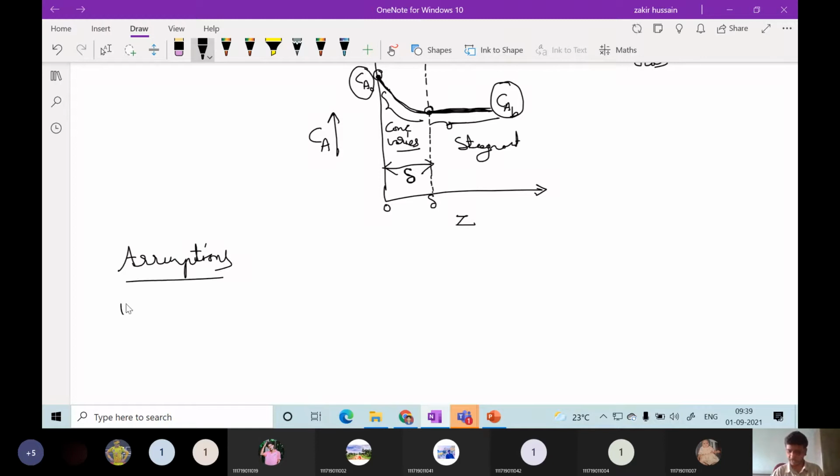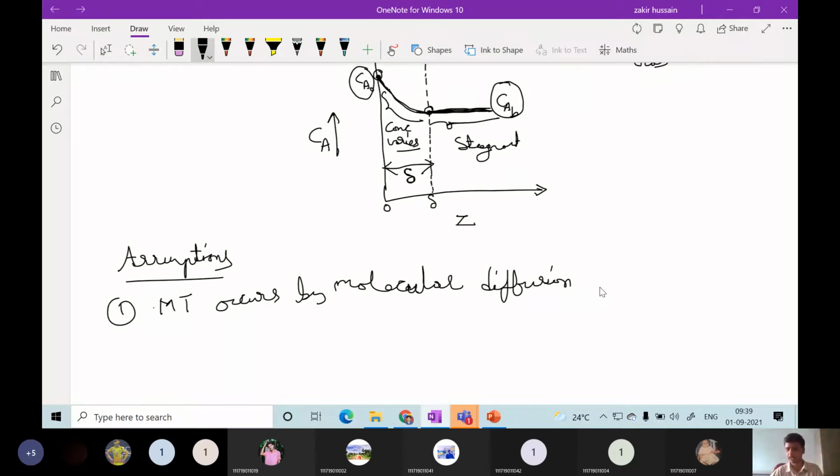The first assumption is that mass transfer, MT for short, occurs by molecular diffusion. Whatever we are studying now is entirely molecular diffusion.